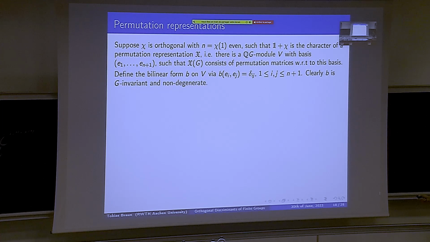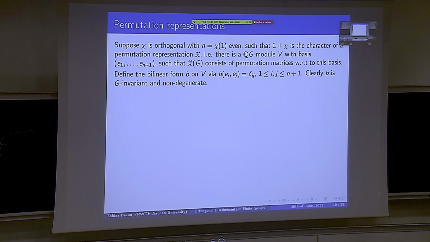And the G invariance follows if you think a bit about this. But another way of seeing it is that if you take a permutation matrix and multiply its transpose from the left to the Gram matrix, which is the identity here, and from the right the usual permutation matrix, you get P transposed times P, if P is a permutation matrix, and that's just the identity again. So the Gram matrix again. So this is, in fact, invariant.